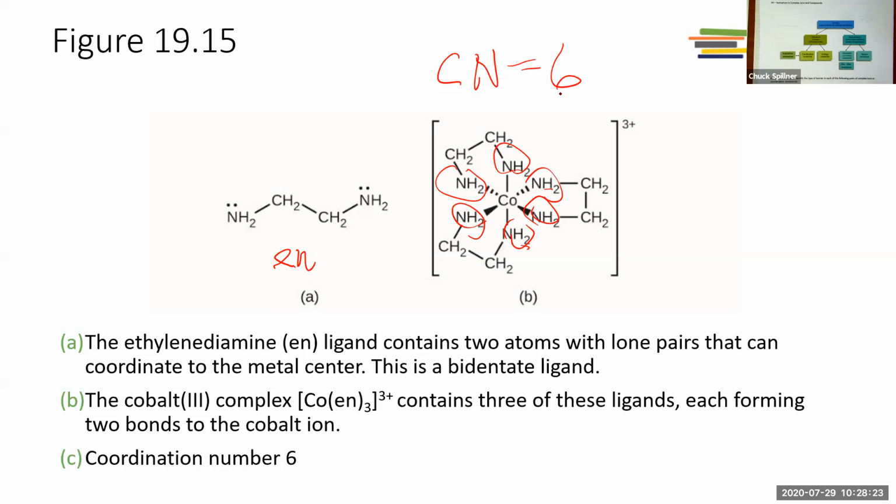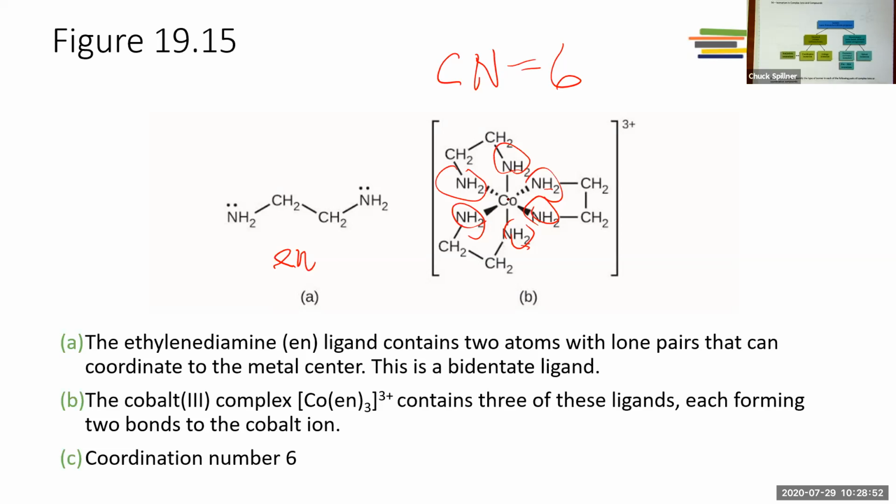If you can see those bonds, these bonds have the same designation. The vertical bonds are just straight lines, which means in this plane. Then horizontally, we have 2 wedges and 2 dashes. The dashed bonds are going behind the plane of the screen, and the wedge bonds are coming out of the plane of the screen.